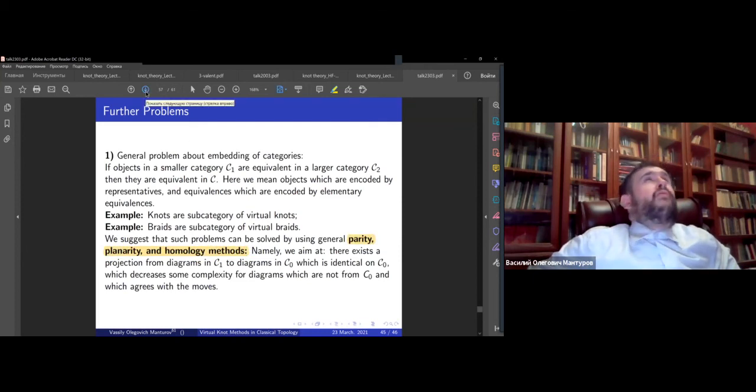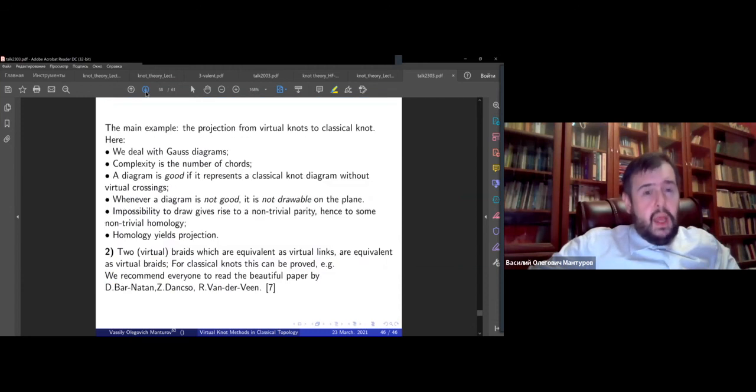Something was done for genus. For example, the slice genus of classical knots is always realized by classical diagrams. So this is made by using parity projection for 2 knots. We can dream in the following way.